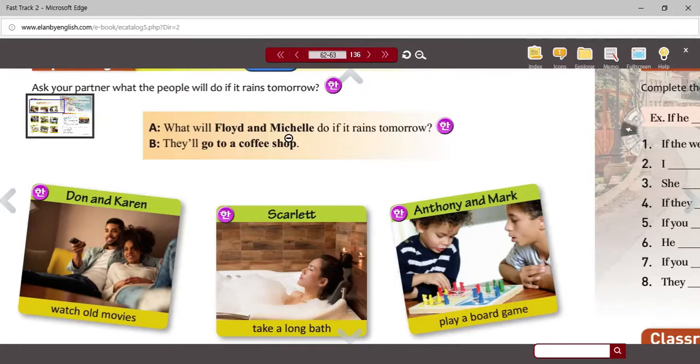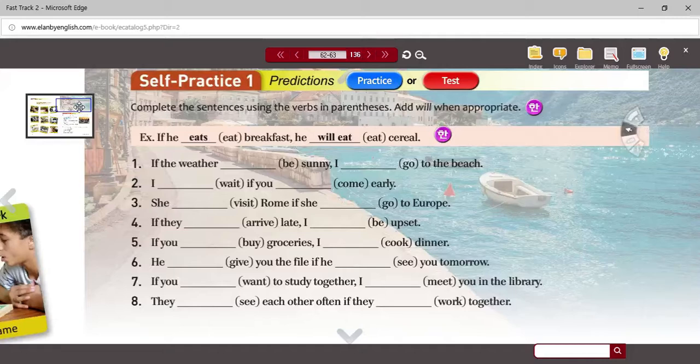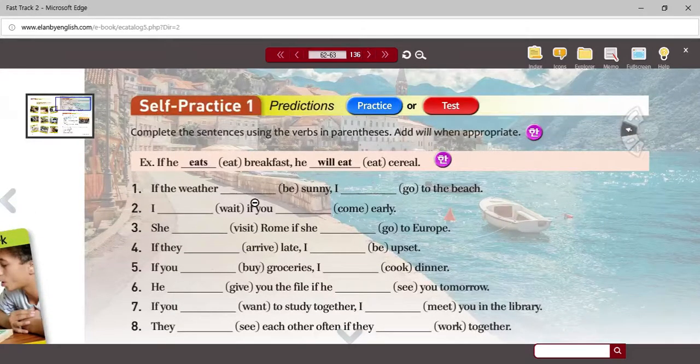Now you'll see that structure in the self-practice here on page 63. Quite simply, it says complete the sentences. It's a language activity, so no real situations here. Complete the sentences using the verbs in parentheses.